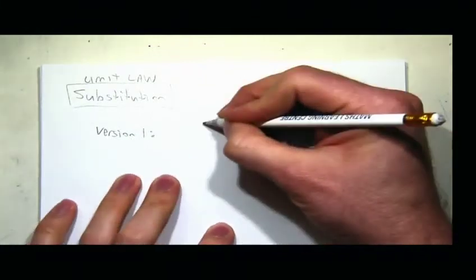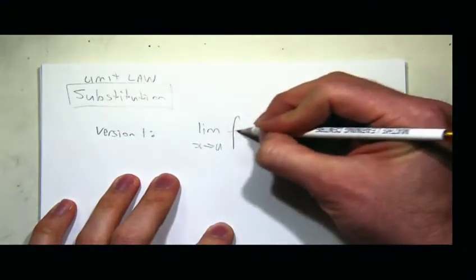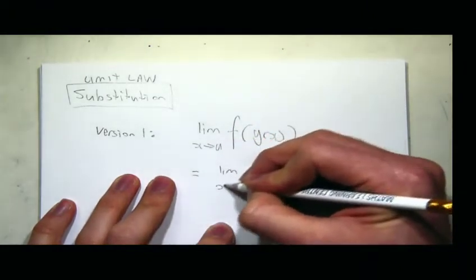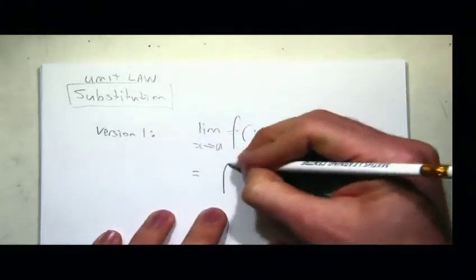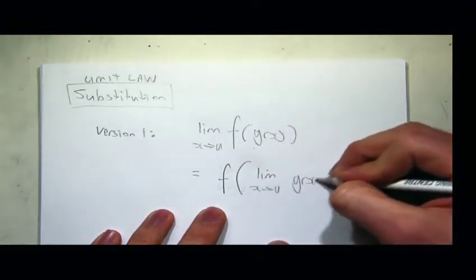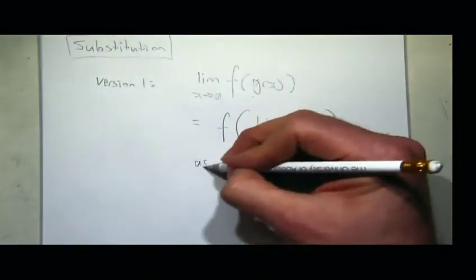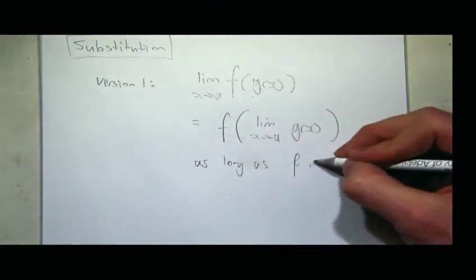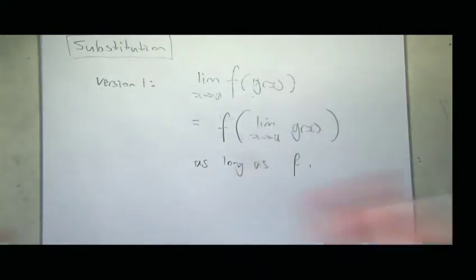Okay, so version 1 says that the limit as x approaches a of f of g of x is f of the limit as x approaches a of g of x, as long as the limit of f at whatever this limit is exists.